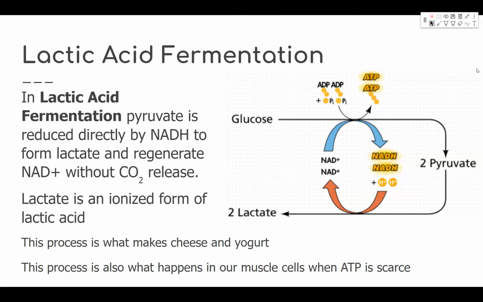And when we reduce pyruvate directly with that NADH, remember we're all about that NAD plus regeneration, we are going to generate something called lactate. And lactate is an ionized form of lactic acid.